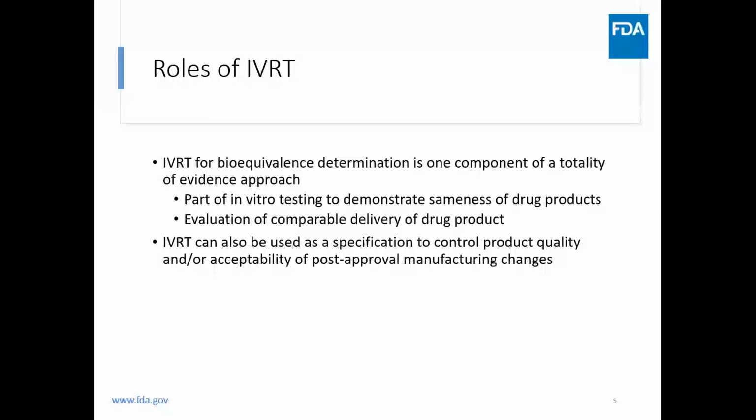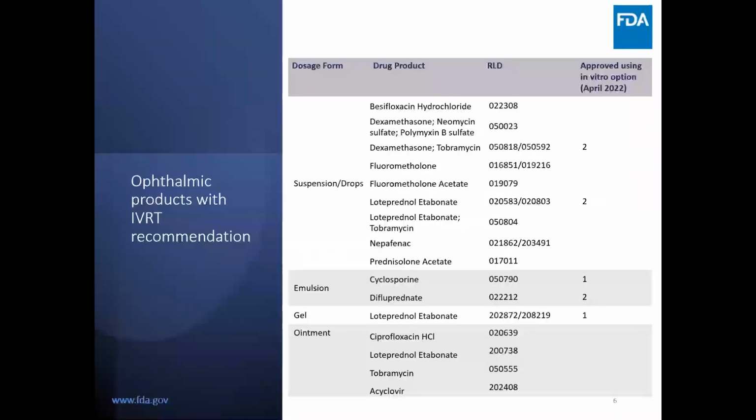We already heard the role of the IVRT method, so we can skip this slide. And this is the list of the drugs for which the agency recommends comparative IVRT method and approved drug products using the in vitro option. IVRT method was recommended for a total of 9 suspension products, 2 emulsions, cyclosporine and difluprednate, 1 gel product, and 4 ophthalmic ointment drugs.